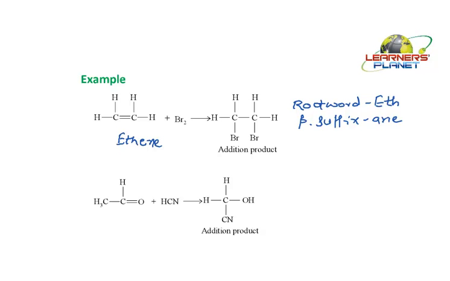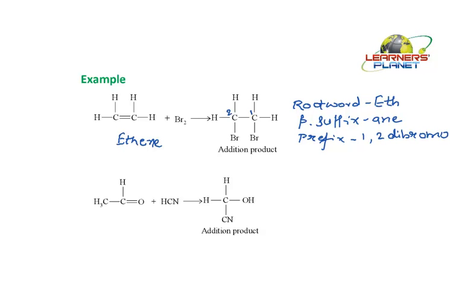Now what are the substituents here? The substituents are bromides, or bromine. So what would be the prefix here? You'll have to tell the positions also, 1 and 2. So this would be 1,2-dibromo.